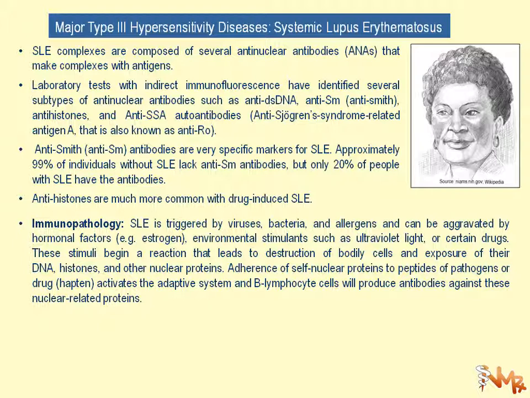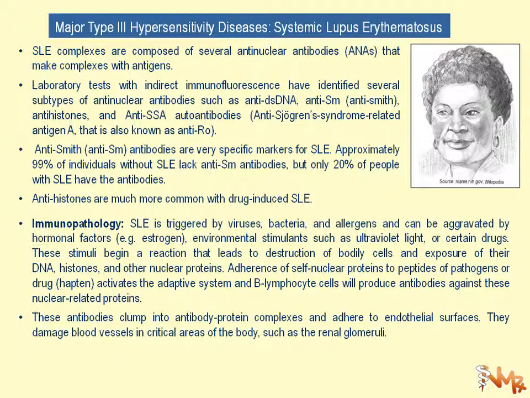These stimuli begin a reaction that leads to destruction of bodily cells and exposure of their DNA, histones, and other nuclear proteins. Adherence of self-nuclear proteins to peptides of pathogens or drugs, the haptens of the drugs, activates the adaptive system and B lymphocyte cells, and as a result, B lymphocytic cells will produce antibodies against these nuclear-related proteins.